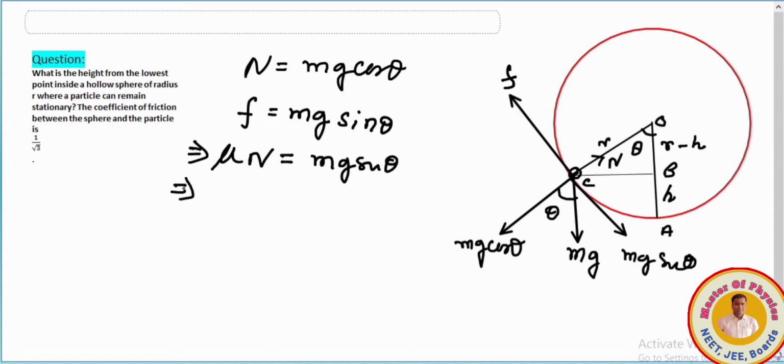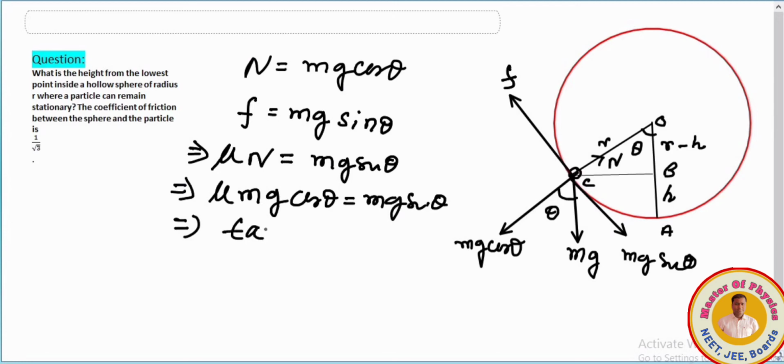We substitute the value of N, mg cos theta, so mu mg cos theta equals mg sin theta, and from this equation we get tan theta equals mu. Tan theta equals mu.